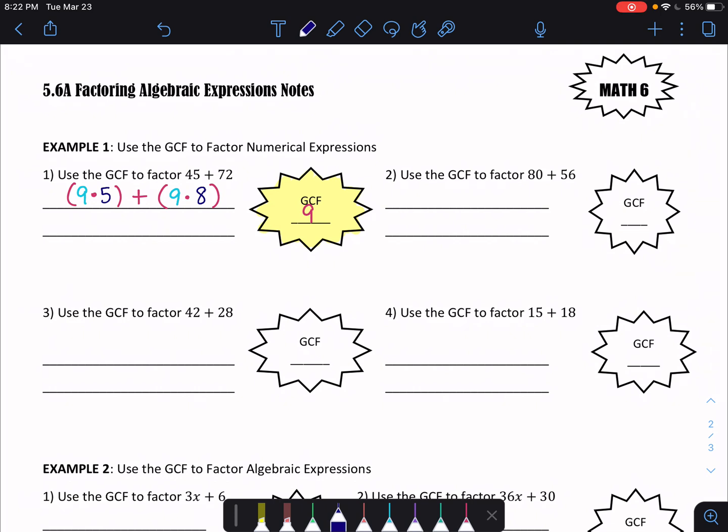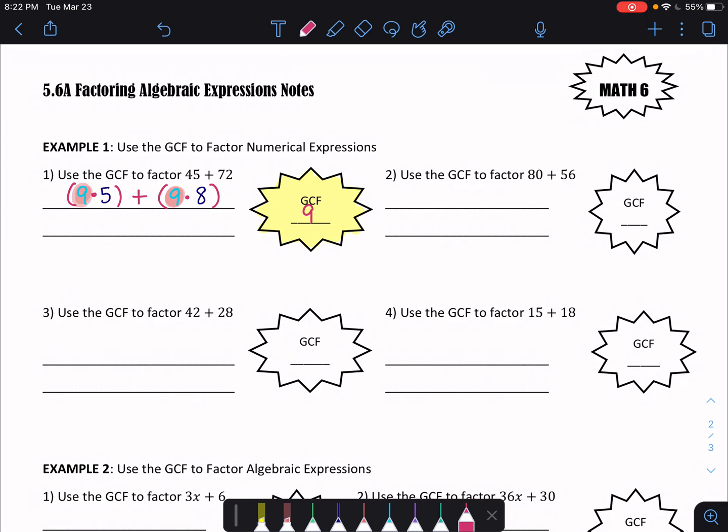Again, this number needs to be the same. And then the second number is what multiplies to make the numbers in my answer. So 9 times 5 makes 45, and 9 times 8 makes 72.